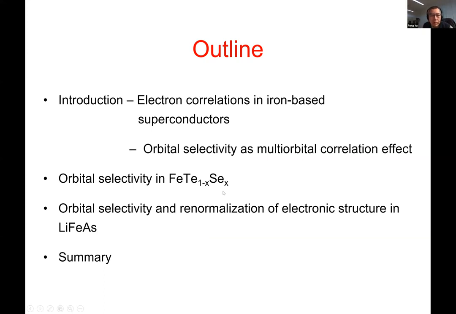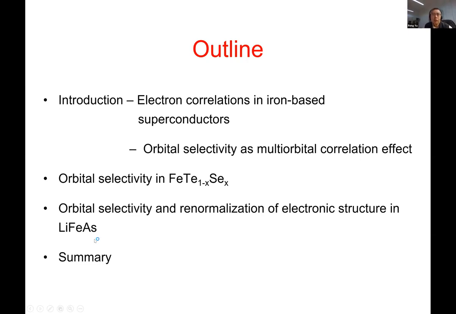And I will mainly talk about the orbital selectivity in both the iron chalcogenide system, in this doped iron selenide system, and also in this iron pnictide system, lithium-111. In particular, we find that the orbital selectivity will give a very strong renormalization of the electronic structure and a reduction of the Fermi surface in this compound. And at the end of this talk, a summary will be given.